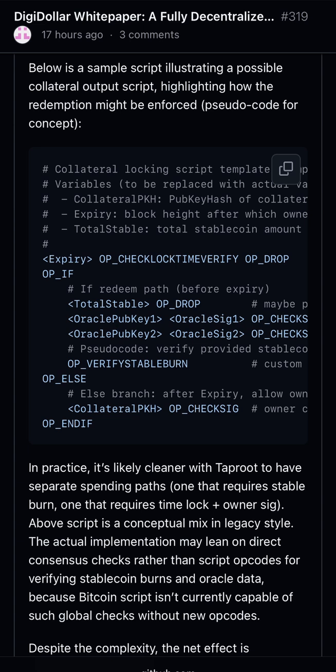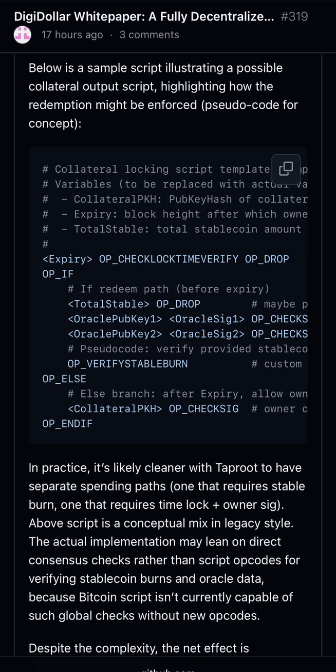Expiry, OP_CHECKLOCKTIMEVERIFY, OP_DROP. OP_IF: redeem path, before expiry. Total stable, OP_DROP, maybe push the value for internal check. Oracle pubkey 1, Oracle sig 1, OP_CHECKSIGVERIFY; pretend we can verify oracle sigs here in script for current price.